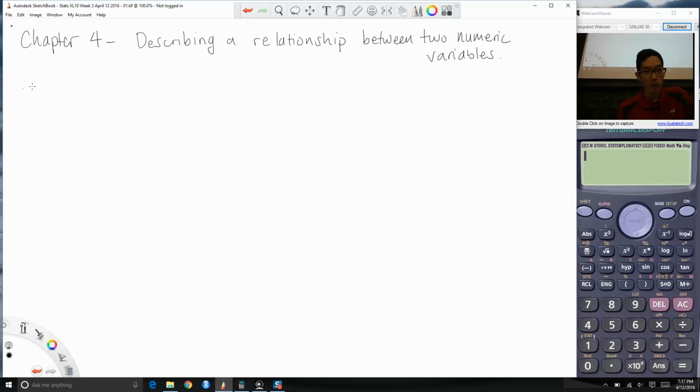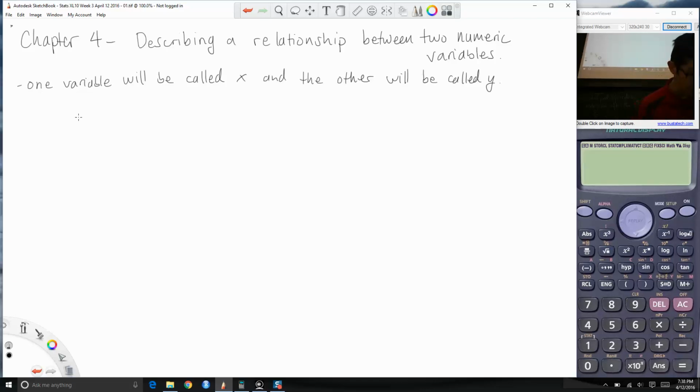One of the variables we will call x and the other variable we call y. We'll get into more details about this relationship between x and y.